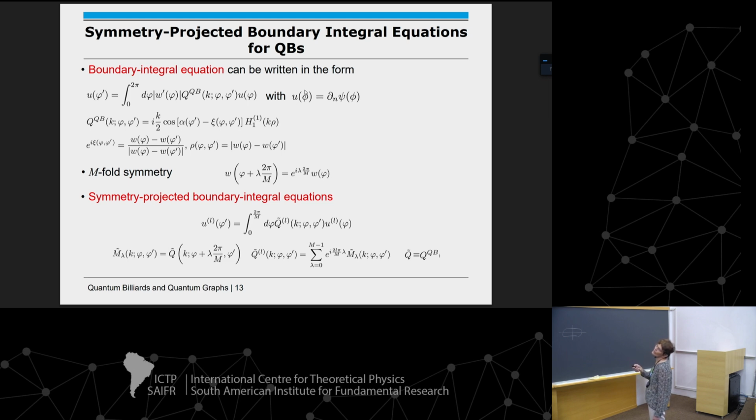And this Q is given by i k over 2 cosine of alpha of phi prime minus psi of phi and phi prime times H1, 1 of k rho, where H1 is a Hankel function of order 1. This boundary integral equation is derived from Green's theorem. So I won't go into details, but that's how you get this equation. You have to use the boundary conditions and Green's theorem, and then you end up with such a boundary integral.